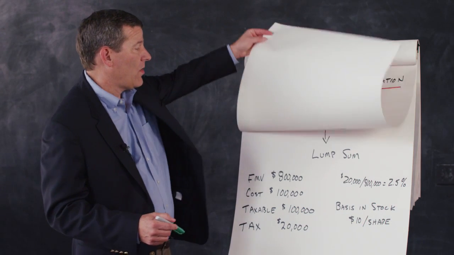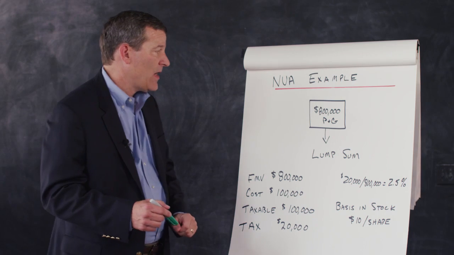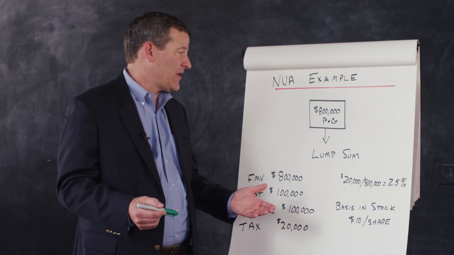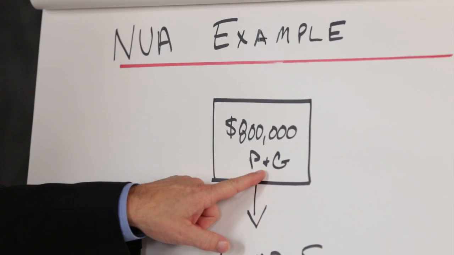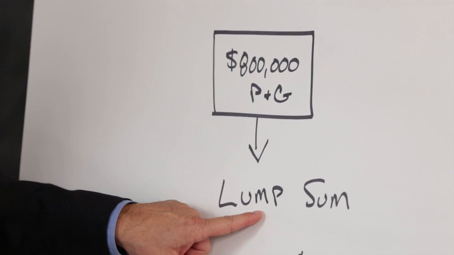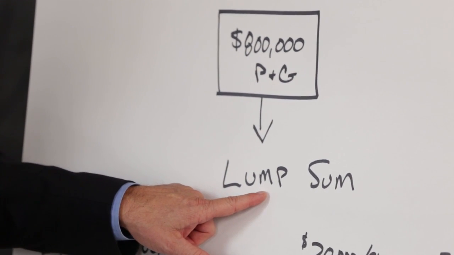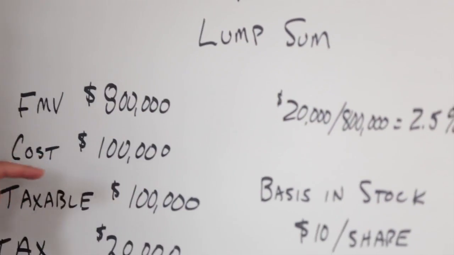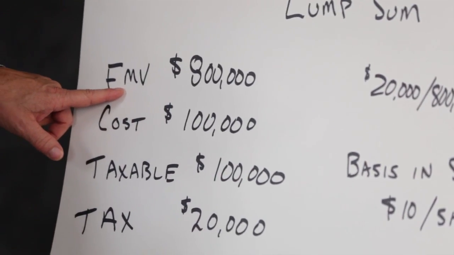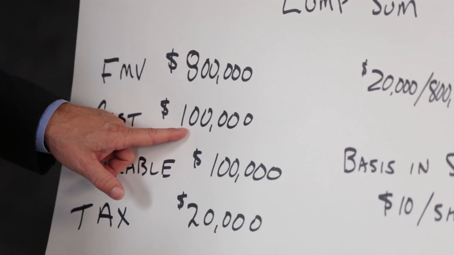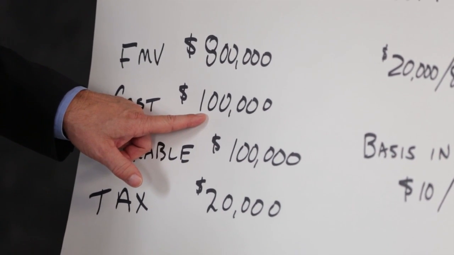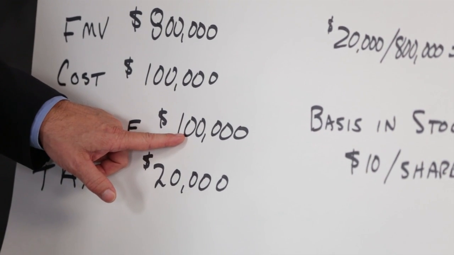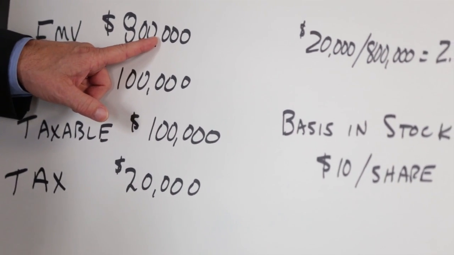So what would be the tax effect? Let's say this particular client, an individual, retired from Procter & Gamble. She took the whole $800,000 out of the retirement account in a lump sum distribution. The fair market value is $800,000. The cost is $100,000. She is allowed to pay tax on the $100,000, not the $800,000.